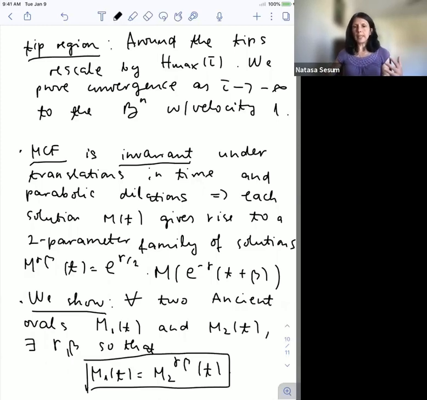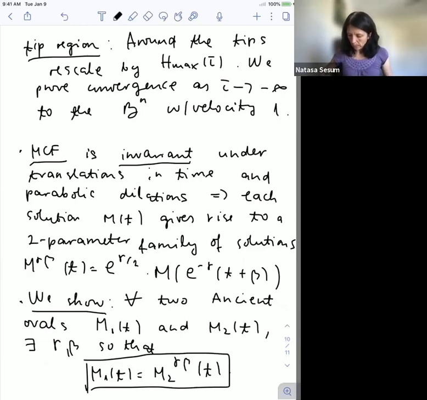Okay, so this means that when we study the mean curvature flow equation and do our estimates, we keep in mind we have these two parameters that we have to make use of. And that's why we can also prove our estimates.